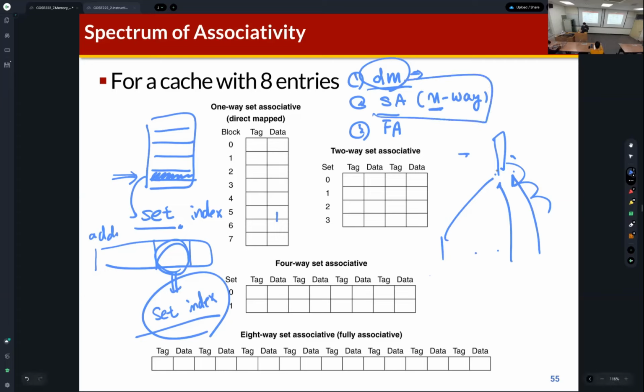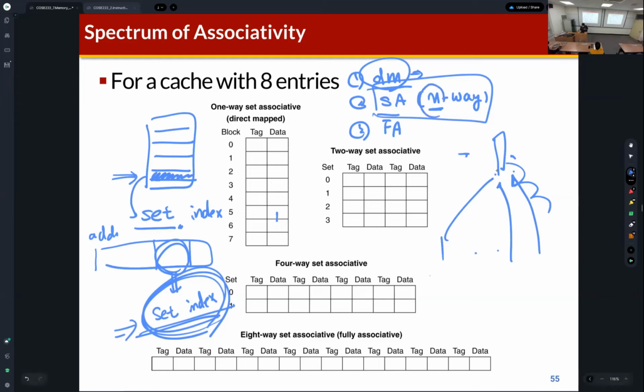Set associative cache means that the set is also accessed by the set index, but one set can include multiple cache blocks.